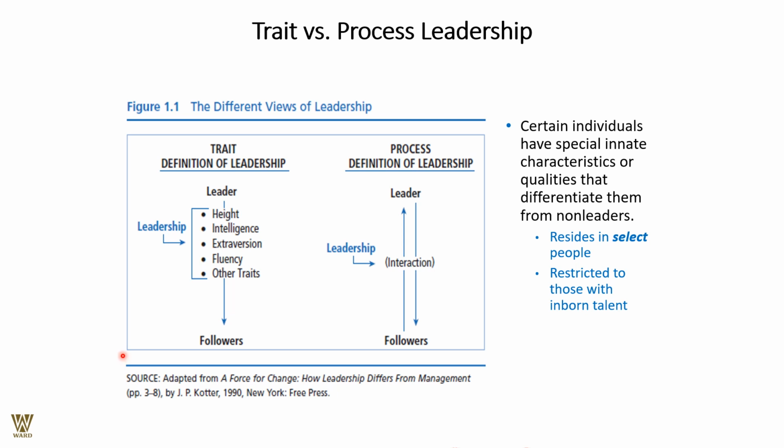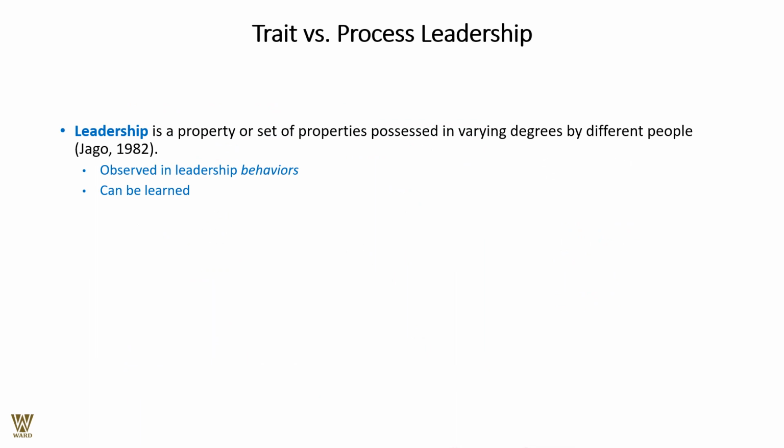So certain individuals have some innate characteristics or qualities that differentiate them from non-leaders. So it resides in certain people, and is restricted to those with inborn talent, as the case might be. So trait versus process leadership, how do we go around it? Leadership is a property, or should I say a set of properties, possessed in varying degrees. Remember, I can be honest probably 99% of the time, not 100% of the time.